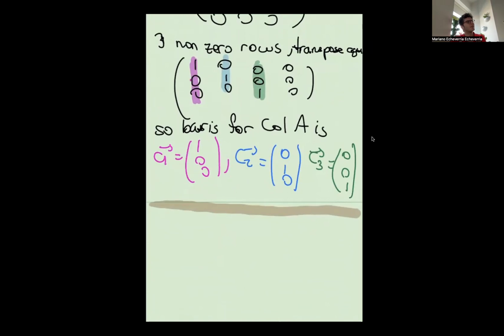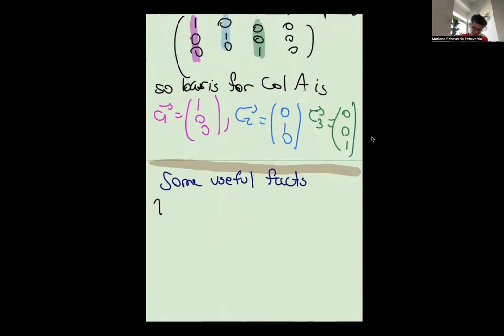Some had implicitly been said before, but it's useful to write them down explicitly. So here are some useful facts. The column space is important. So here's the first one.